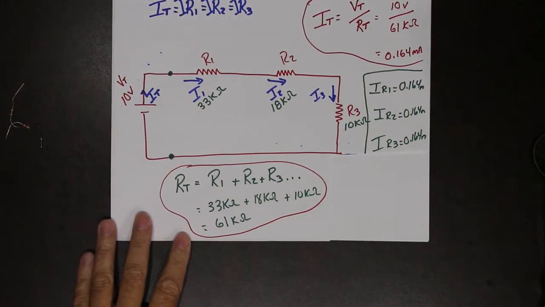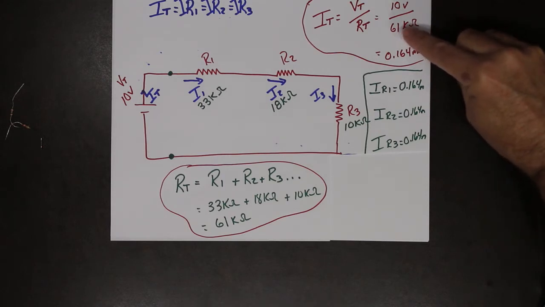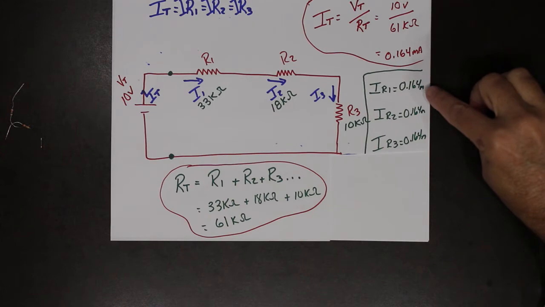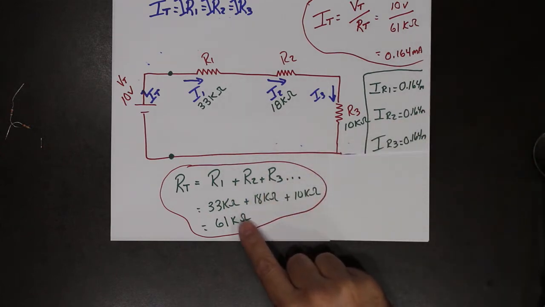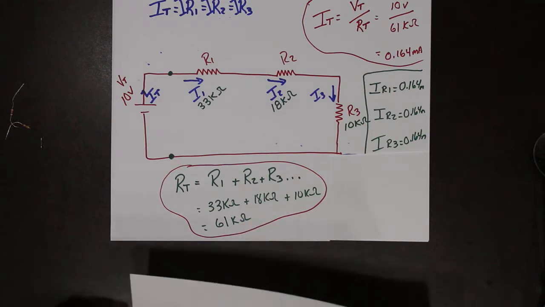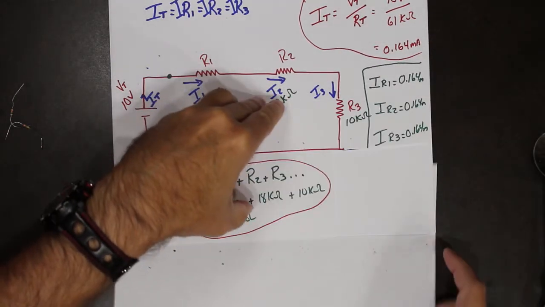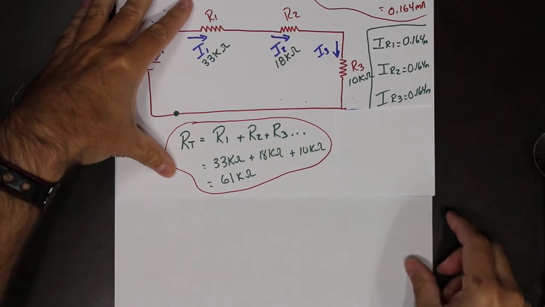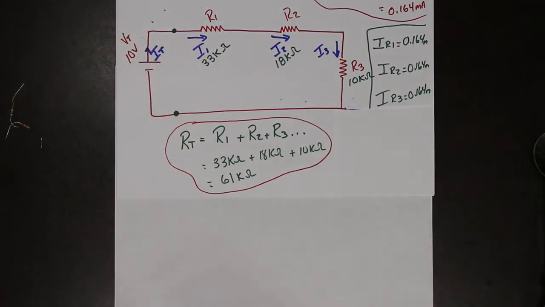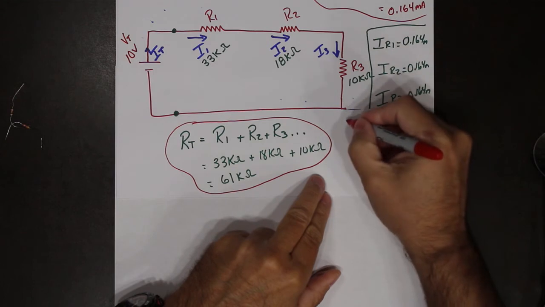All right. So we've got our I total, we have our individual currents, and we have our R total. Now I'm just going to move this up and make some space here. What about our individual voltages?